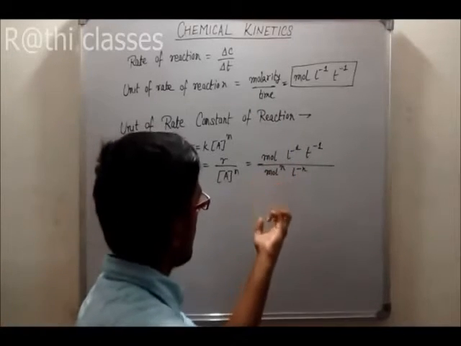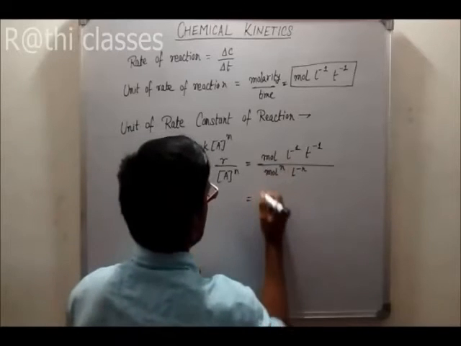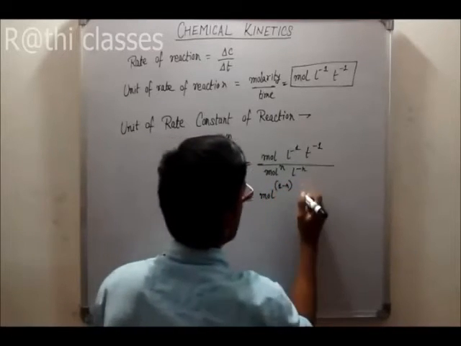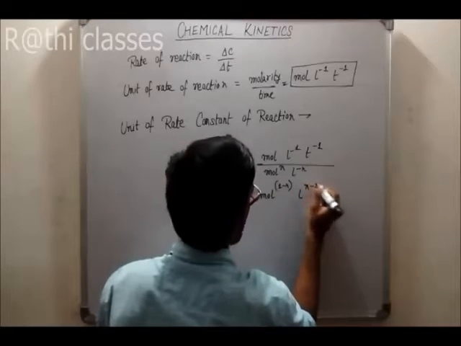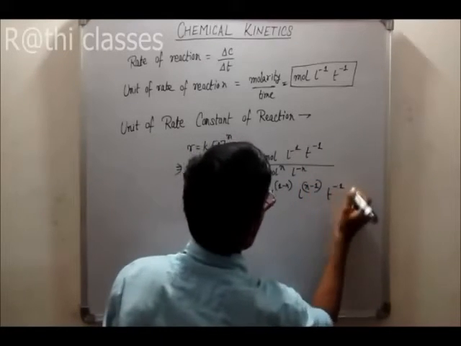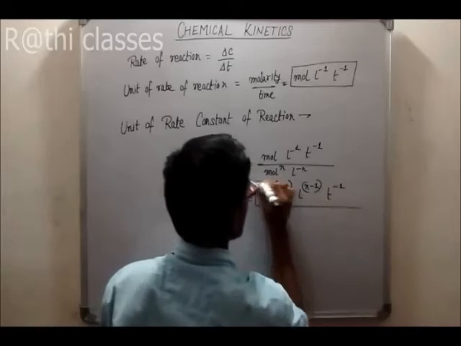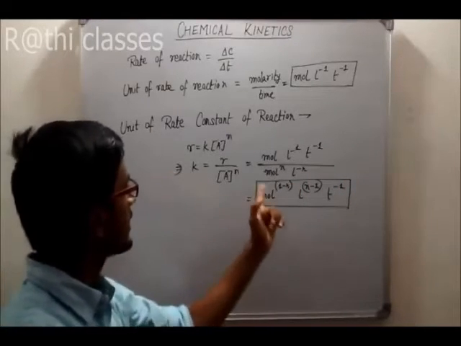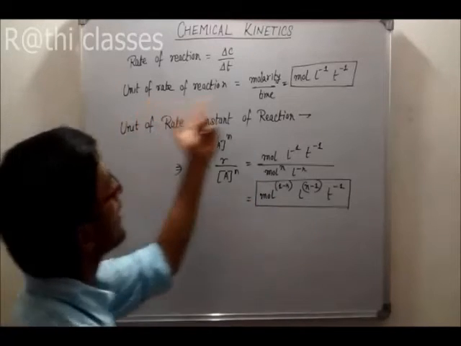Right? Making it simpler, we get mole to the power 1 minus n into liter to the power n minus 1 into time to the power minus 1.